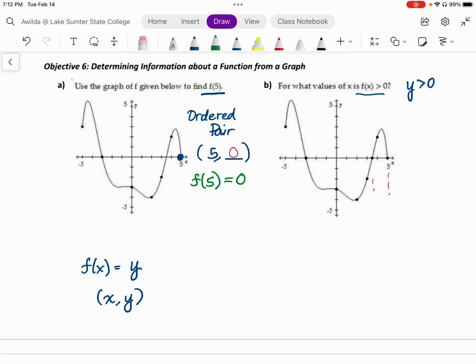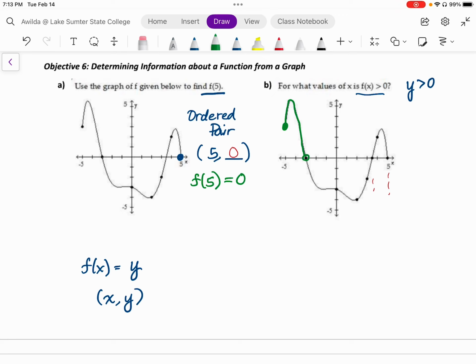So I'm going to shade here the parts of the graph where I see that the y-coordinates are positive. All of these points that I'm tracing with green would have positive y-coordinates. And then right here, I'm going to use an open circle to say that's kind of where the graph stops. There, the y-coordinate would be 0 because we're actually on the x-axis.